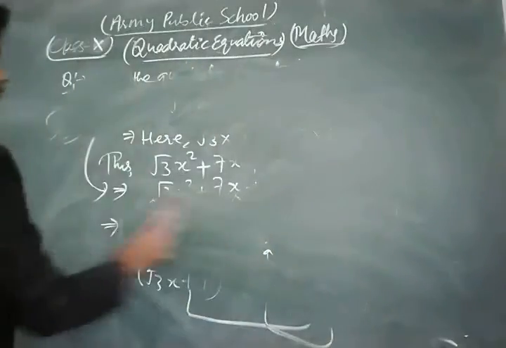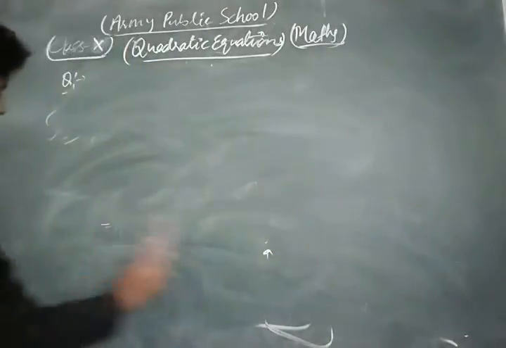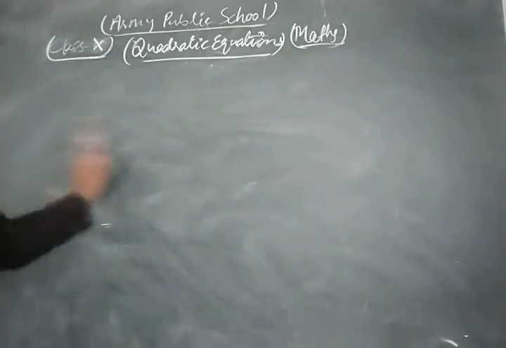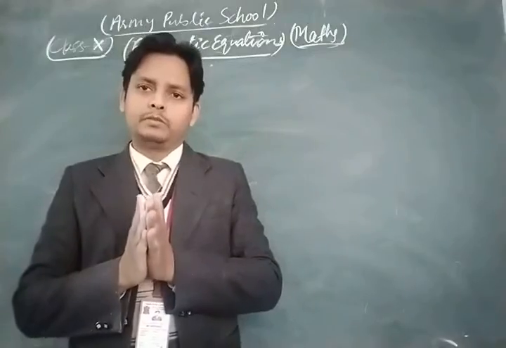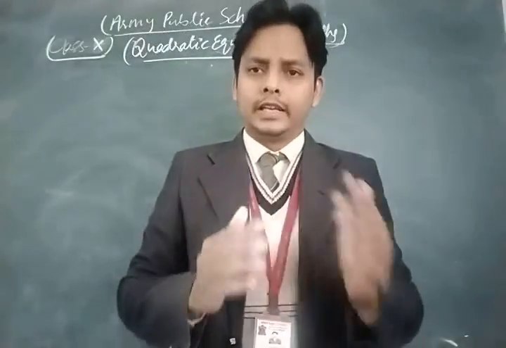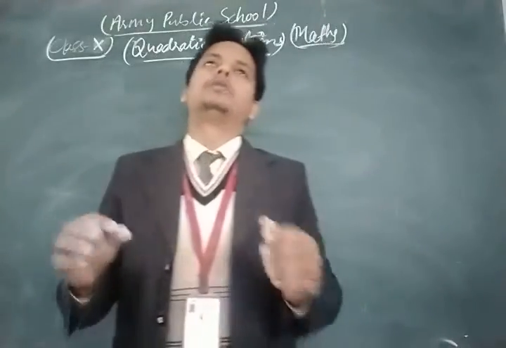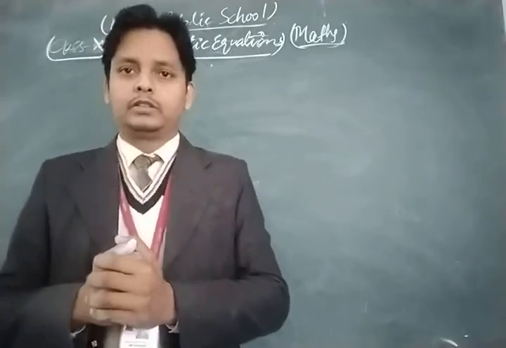These are very important questions of your syllabus. Thus, in today's class we took some important questions related to the chapter quadratic equations. In the next class we will solve more important questions related to that chapter. Okay, thanks to all.